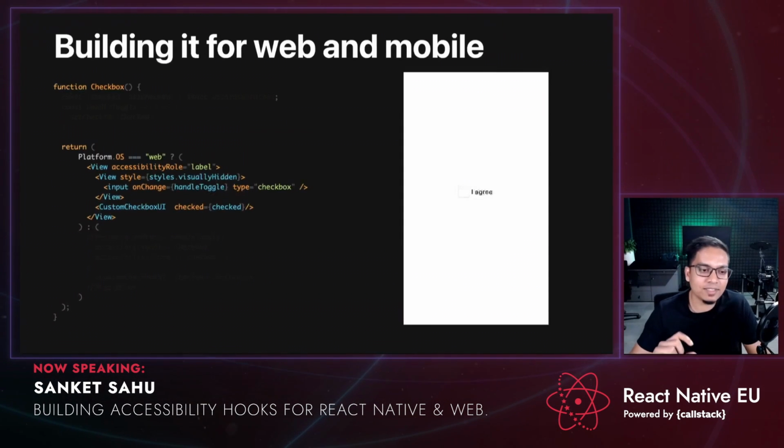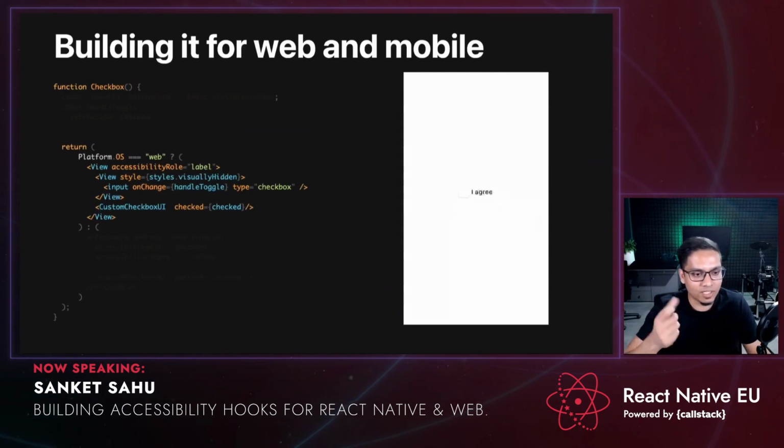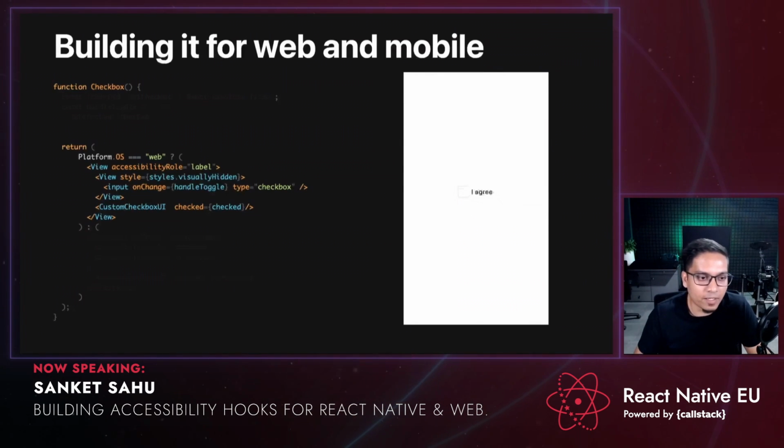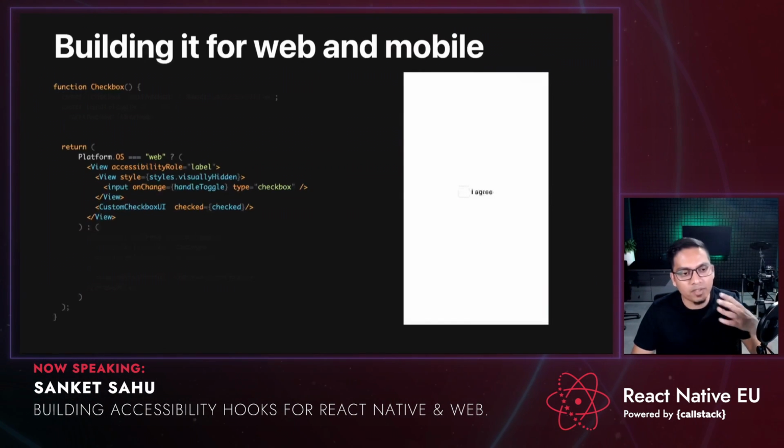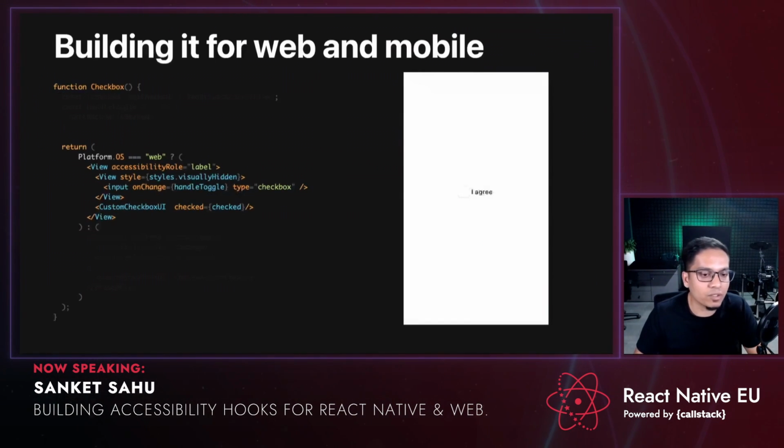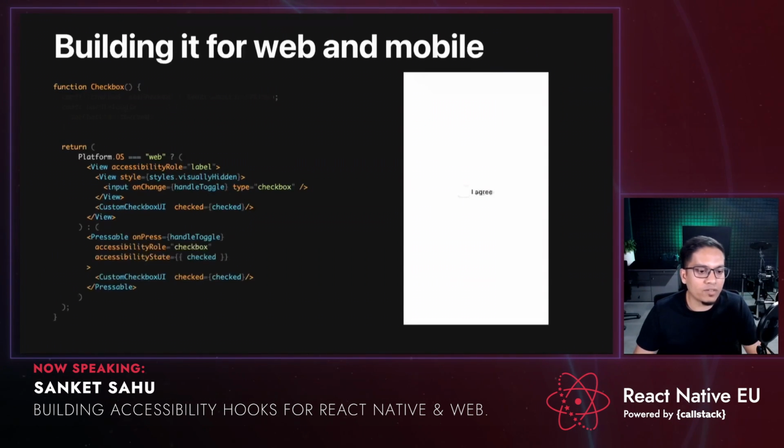So it hides the real input box and shows the custom checkbox UI while maintaining the accessibility aspect of things, because the wrapper view at the top level has accessibility role as label. Great. And for mobile phones, we go ahead and add accessibility role as checkbox, accessibility state as checked.